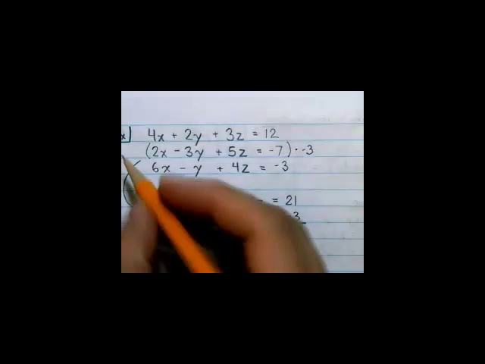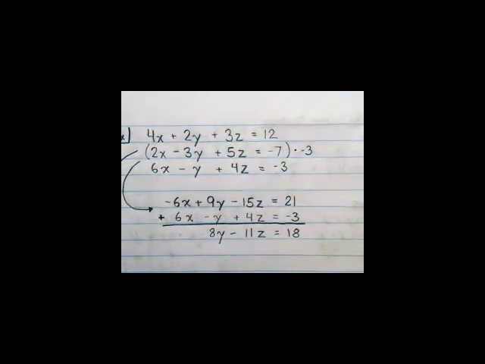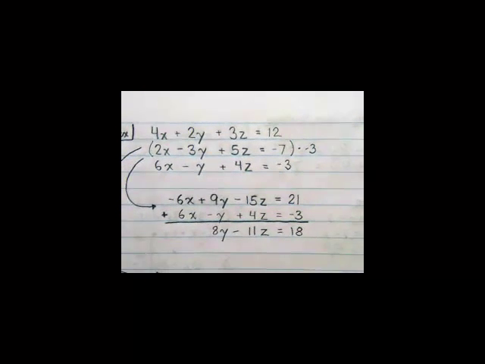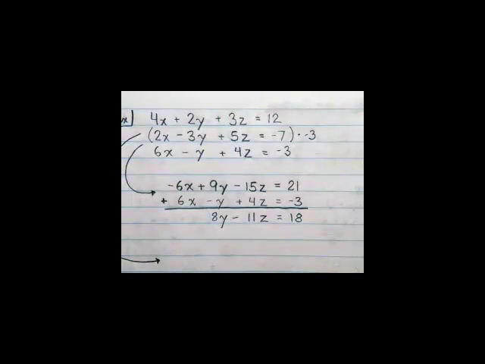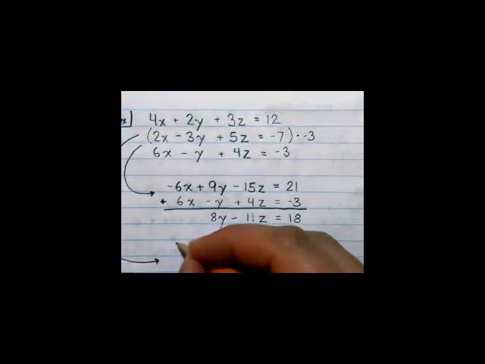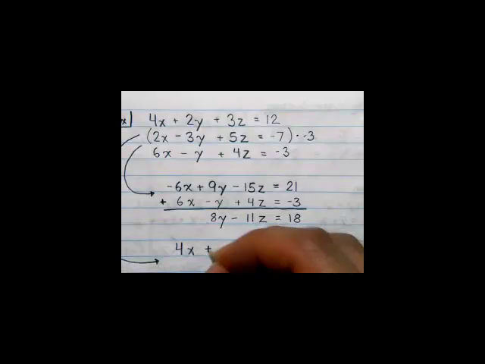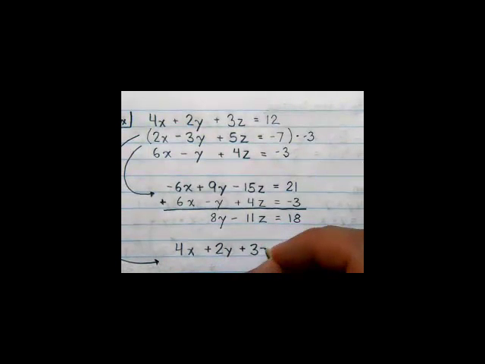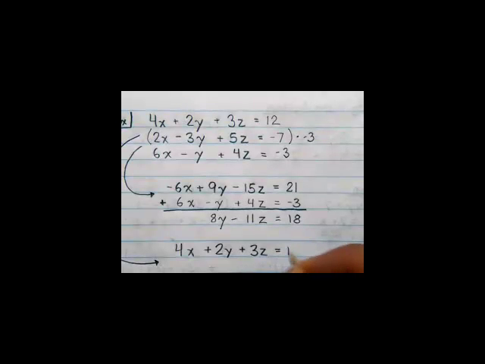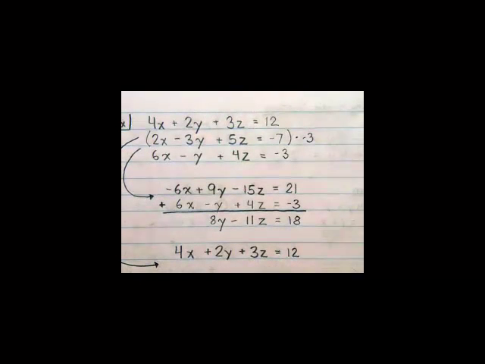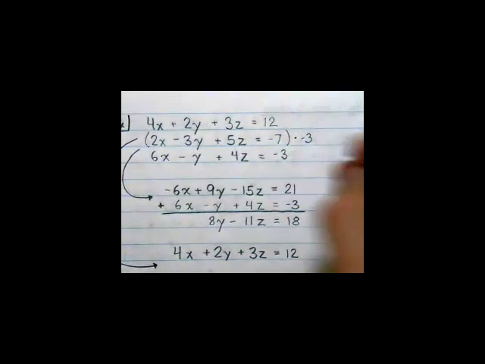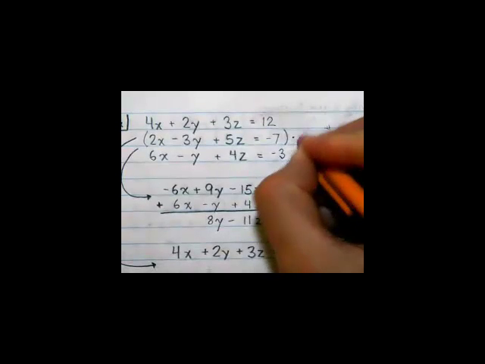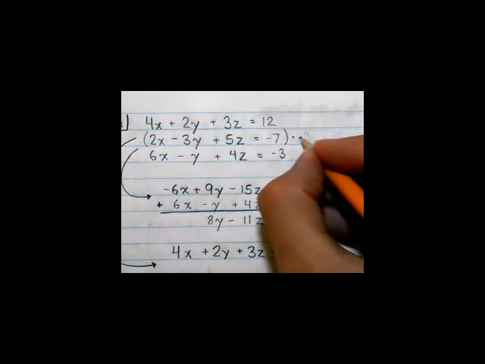All right, so let's come down here and do that. So top equation stays the same. But then we're taking that second equation and multiplying it not by -3 anymore, but by -2.